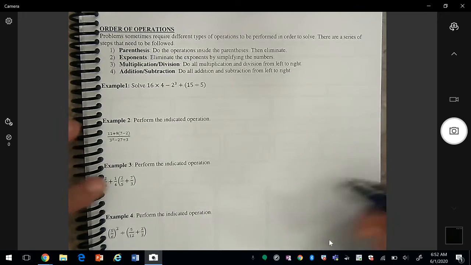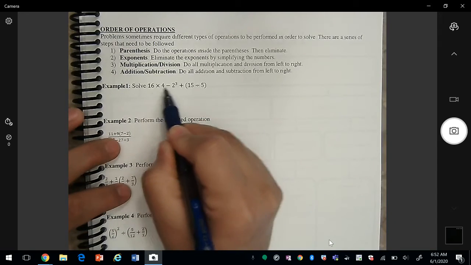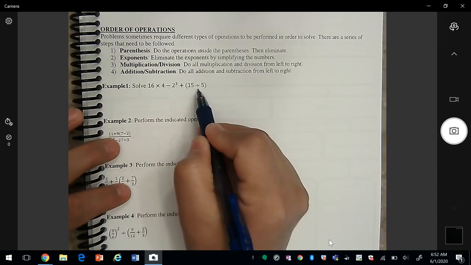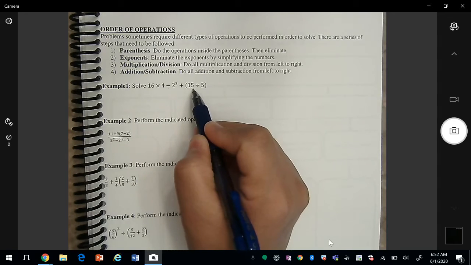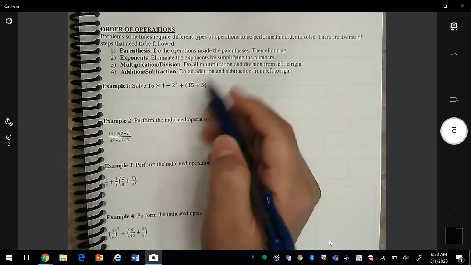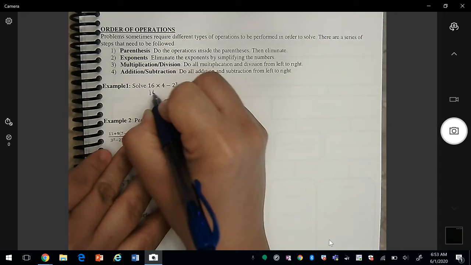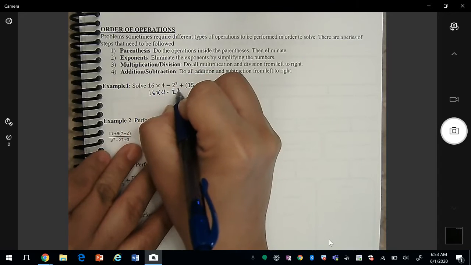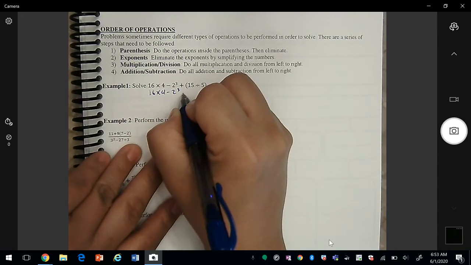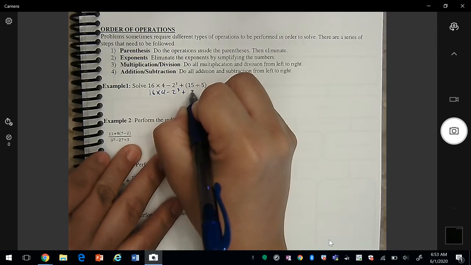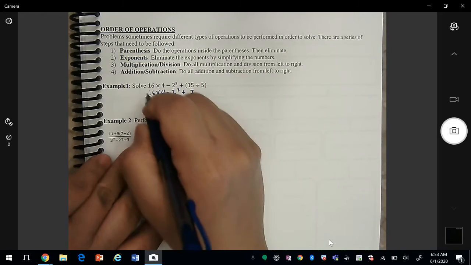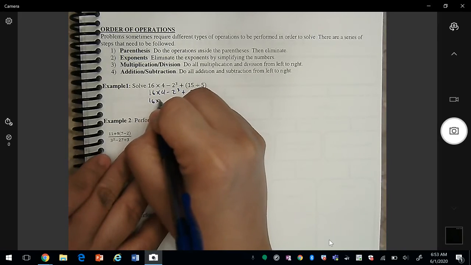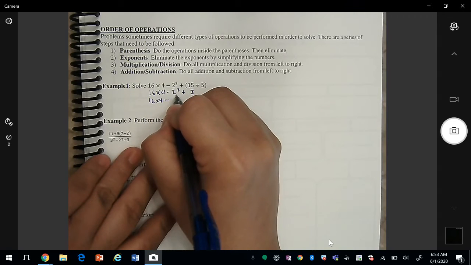Example 1. Here we have multiplication, subtraction, exponents, parentheses. So first we'll do the parentheses. 15 divided by 5 is 3. Then we'll do the exponent. 2 cubed is 2 times 2 times 2, which is going to be 8.